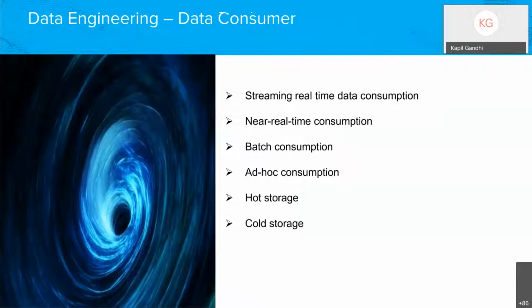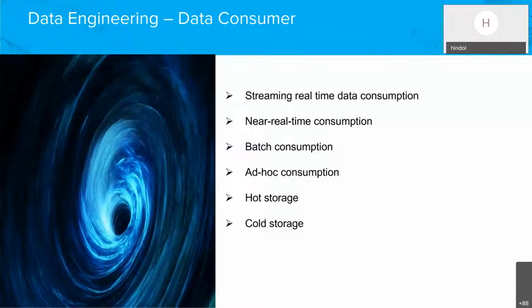Now, the next is how we consume data. Sometimes you may consume data very fast in real time, where the data is produced every 1 second and consumed every 1 second also. It can be what we call near real time, meaning the data is not consumed instantly, not every second, but maybe every 5 minutes, every 2 minutes, still relatively fast.